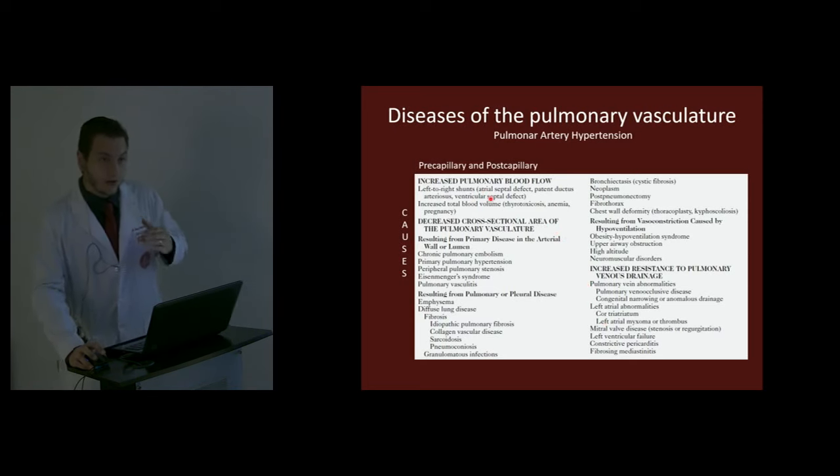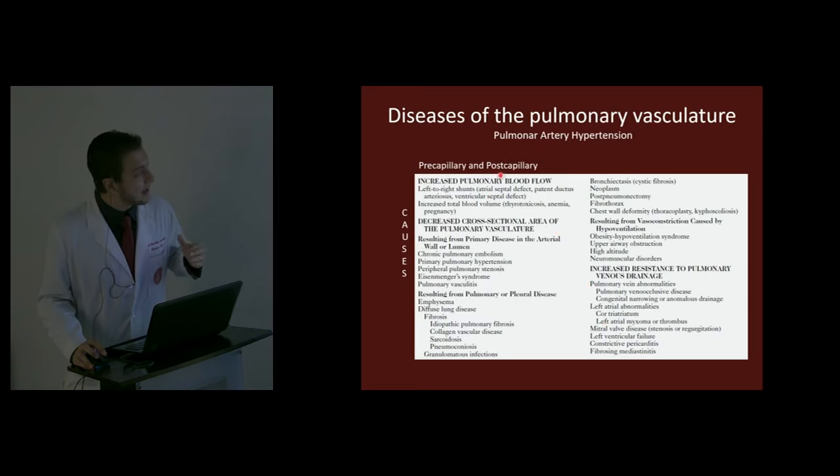The causes of pulmonary arterial hypertension can be divided into precapillary or postcapillary. There are some pathophysiological ways that have been used to understand the pathologies that end up in pulmonary arterial hypertension.